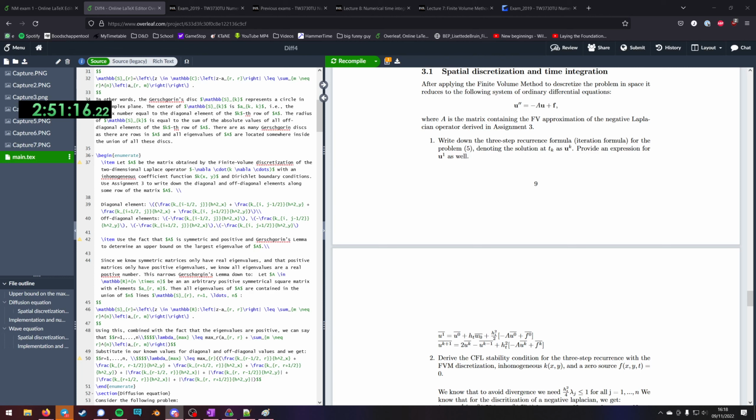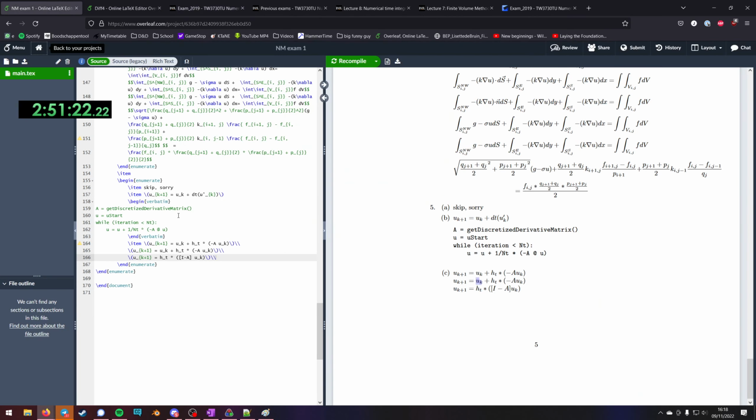I think if they ask this in the exam, you can go directly from the absolute value of 1 minus h lambda is smaller than 1. It's very lucky if they ask the stability condition of forward Euler, because it's easy. If he has to prove unconditional stability of the other ones, impossible.